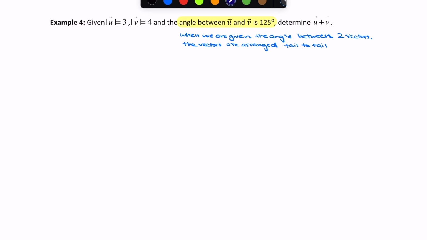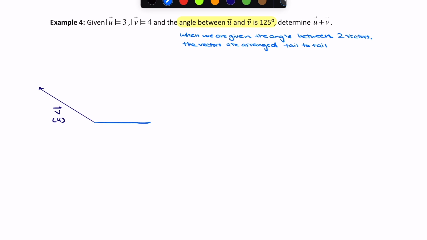So here, we'll draw first vector v, which is given to us as 4 in terms of its length.